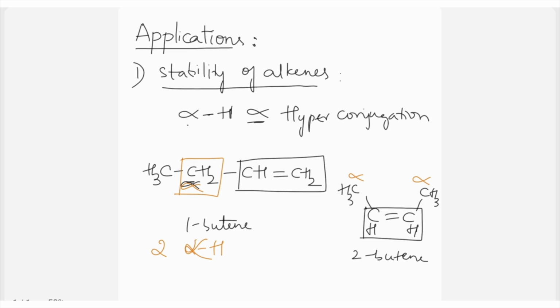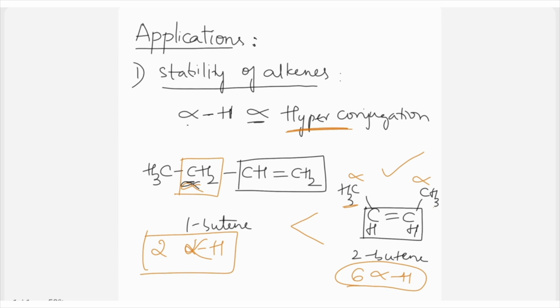For this it is 3 plus 3, 6 alpha hydrogens. So 2 alpha hydrogens indicate less hyperconjugation, 6 alpha hydrogens indicate more hyperconjugation. So obviously 2-butene is more stable compared to 1-butene. So this way hyperconjugation can be explained based on the number of alpha hydrogens, and accordingly the stability can vary.